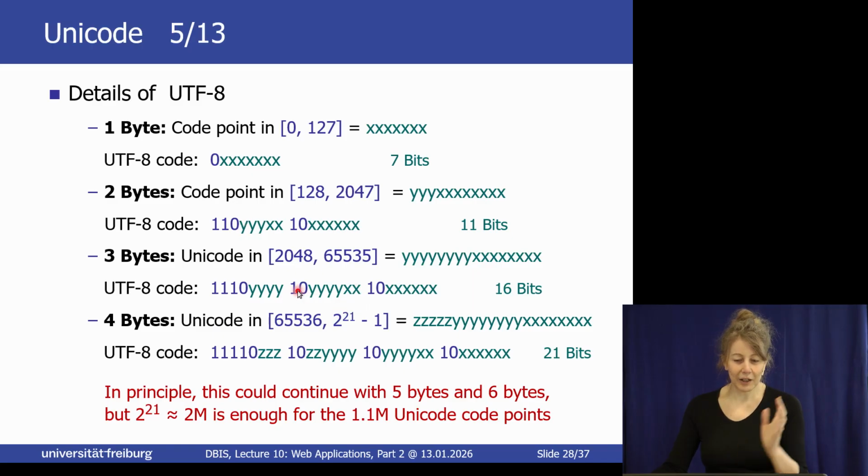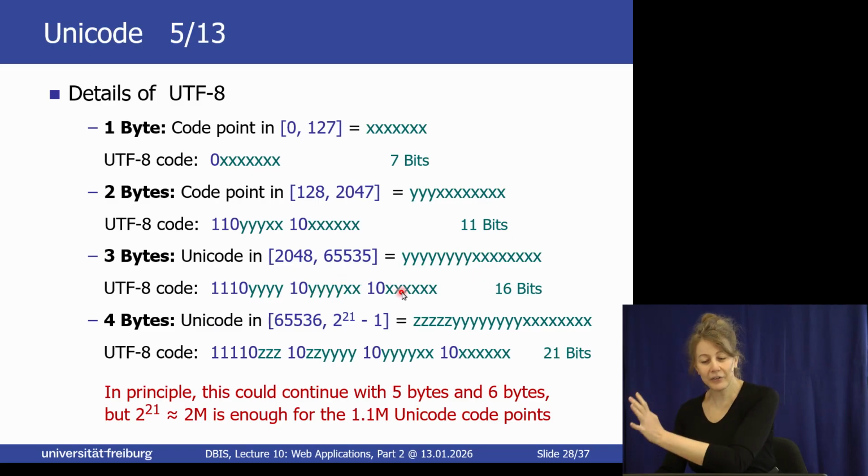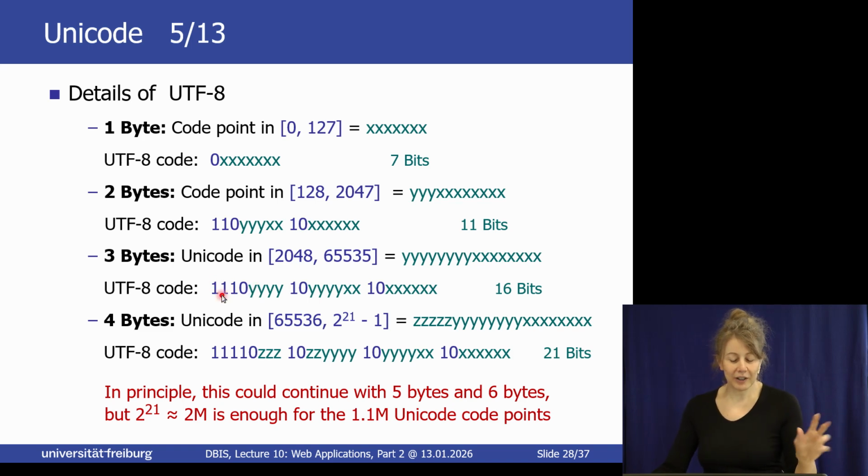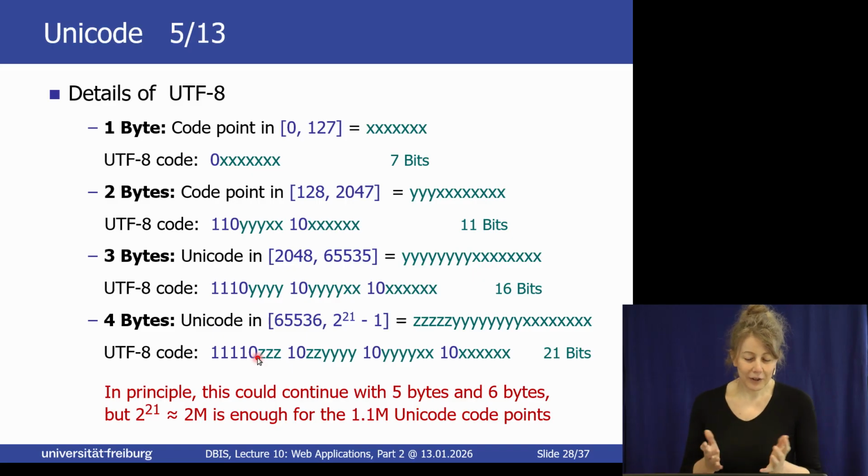So if I encounter 1, 0, I know I'm in the middle, then I can either skip beyond the last 1, 0 and I know I'm at the next byte, or revert a little bit and find the start. And these here are also unique. They tell me I'm either a single-byte UTF-8 character, a 2-byte one, I just count the number of ones, a 3-byte one, a 4-byte one. So that's a very nice and simple encoding scheme.